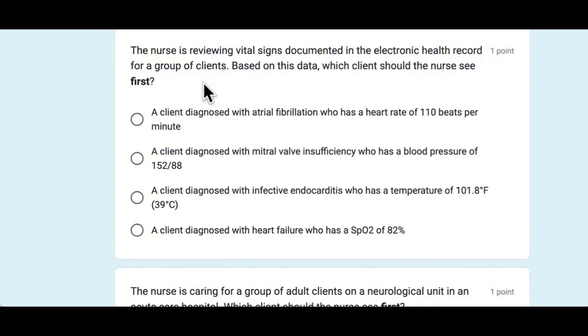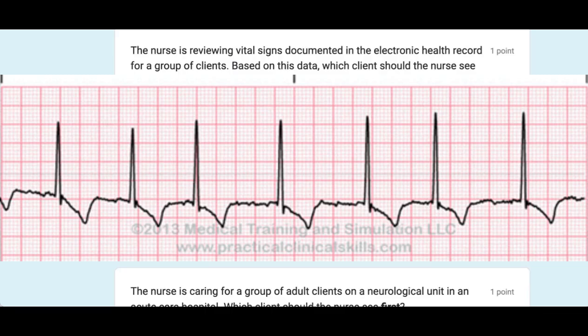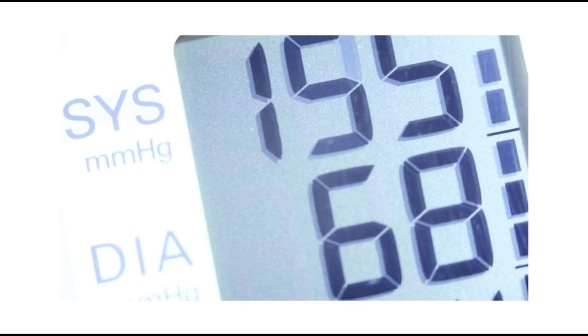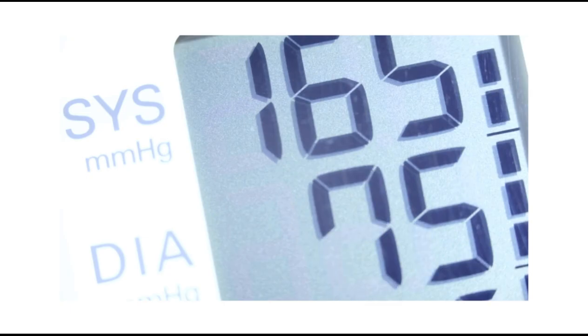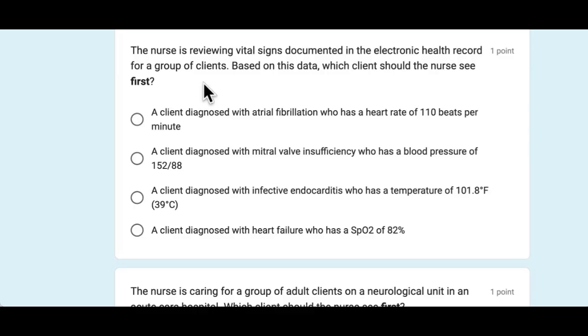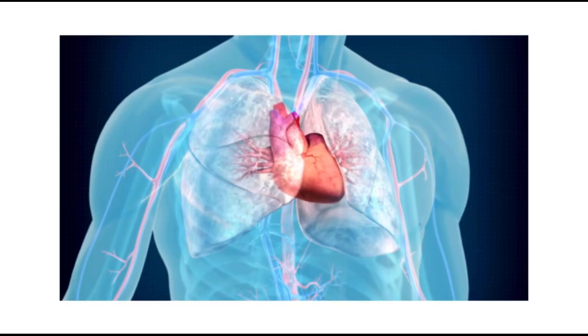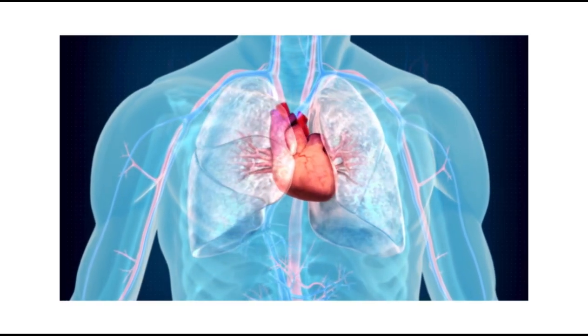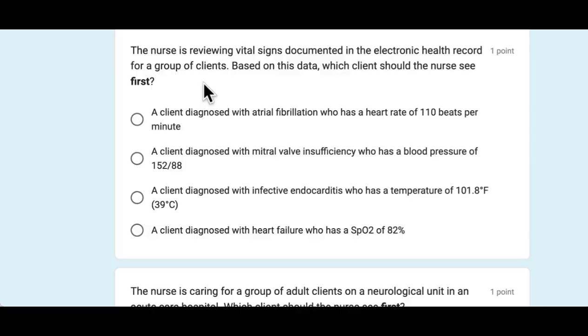A, a client diagnosed with atrial fibrillation who has a heart rate of 110 beats per minute. B, or 2, a client diagnosed with mitral valve insufficiency who has a blood pressure of 152/88. C, or 3, a client diagnosed with infective endocarditis who has a temperature of 101.8 degrees Fahrenheit or 39 degrees Celsius.